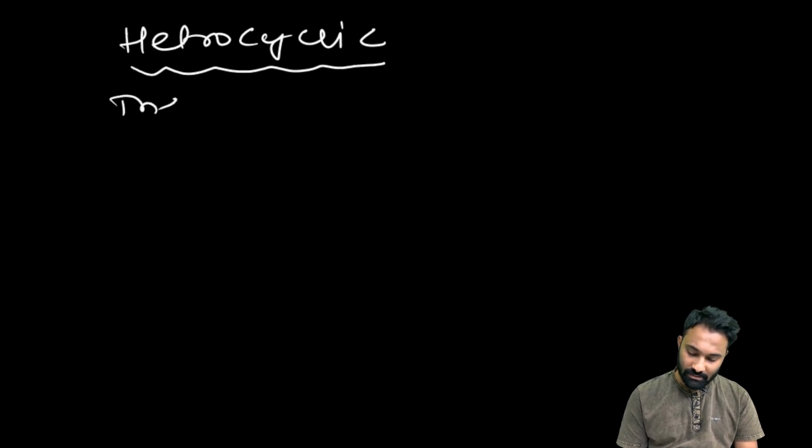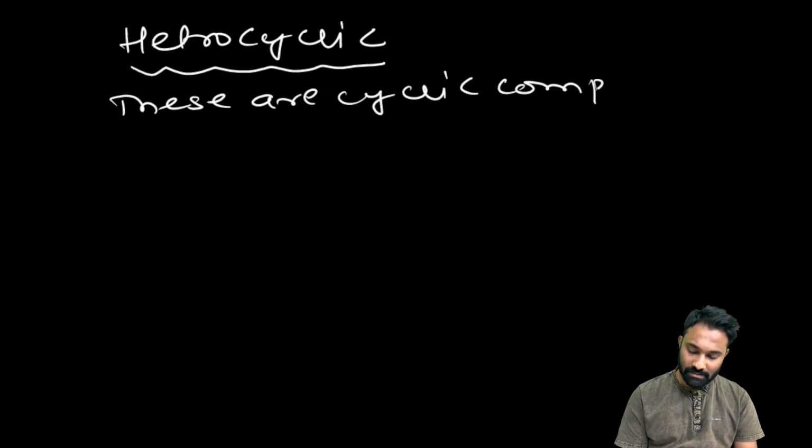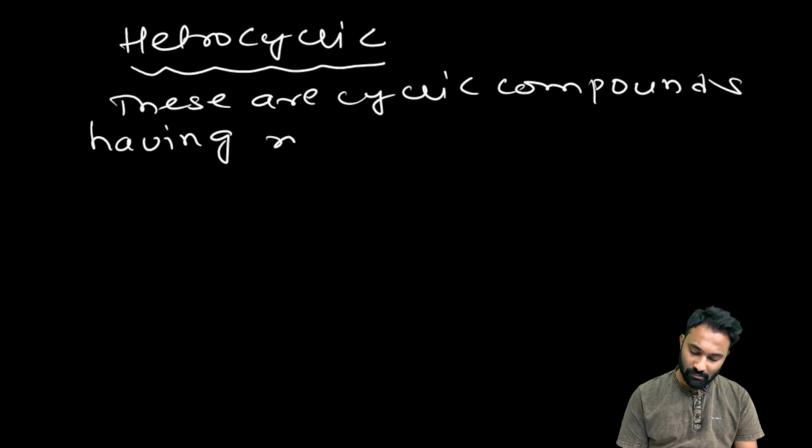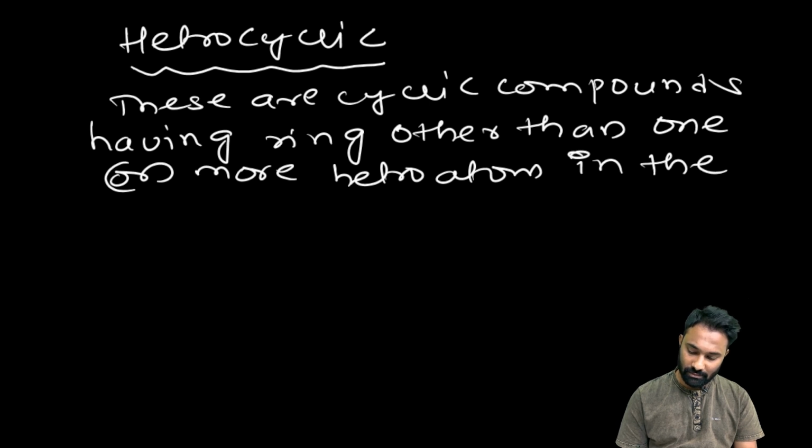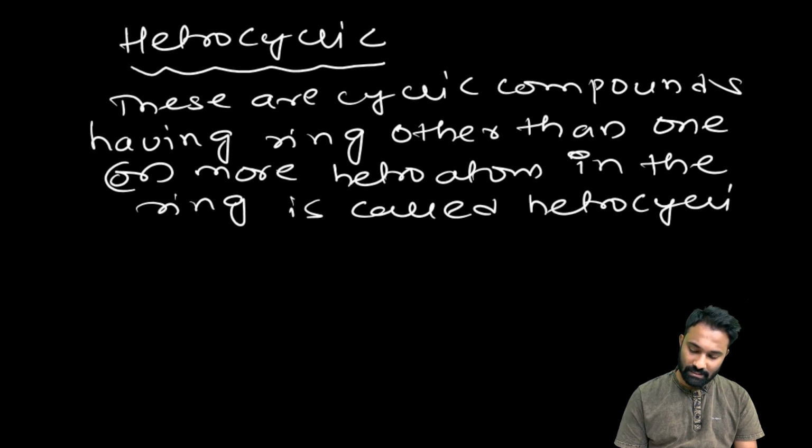Already said, these are cyclic compounds having one or more hetero atoms in the ring. A ring having hetero atoms is called heterocyclic.